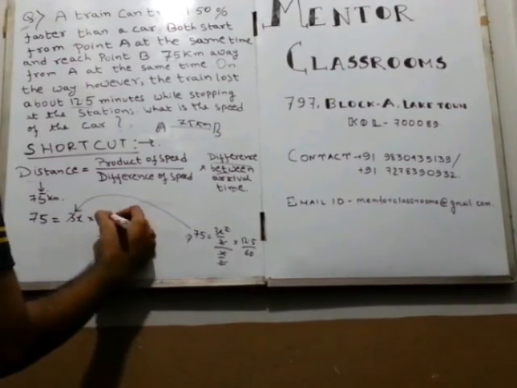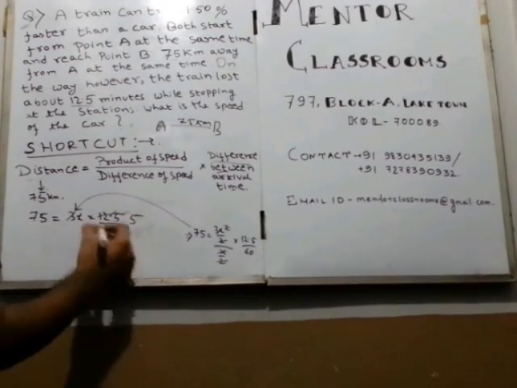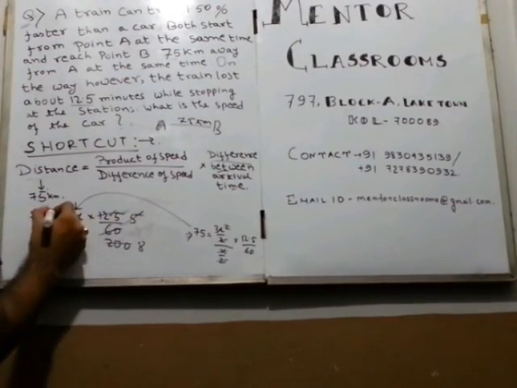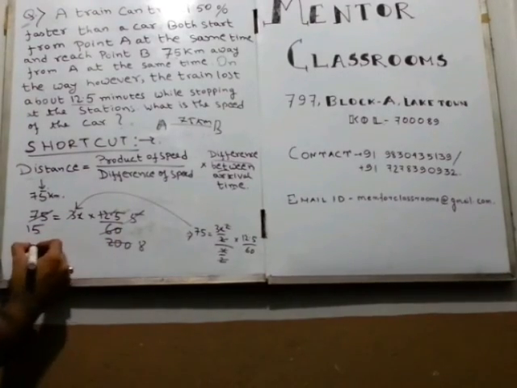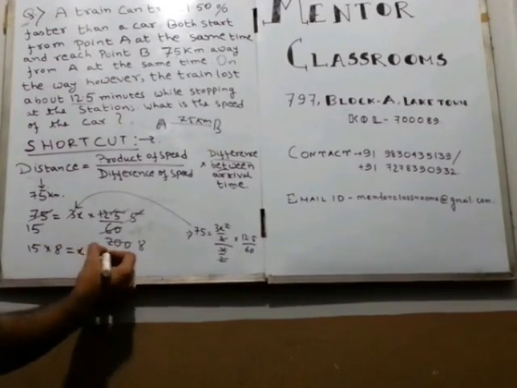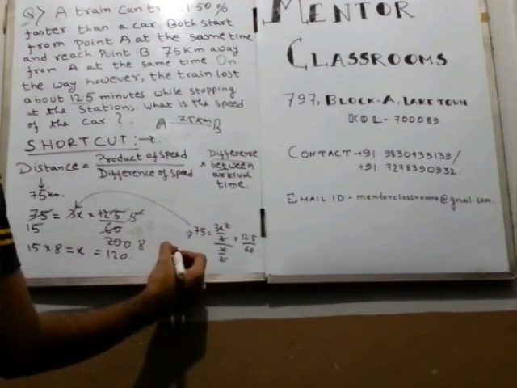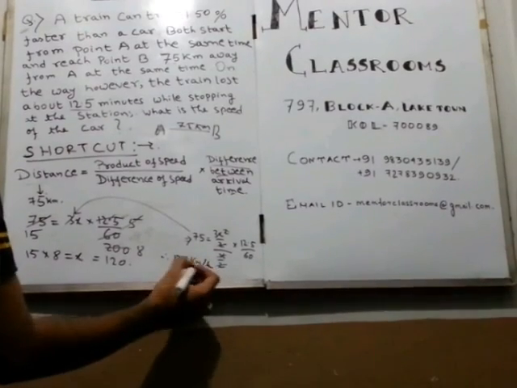We are multiplying by 25. This will be 8. Cut this 1 and 15. So 15 multiplied by 8 equals x, which is 120. So our speed is 120 kilometer per hour.